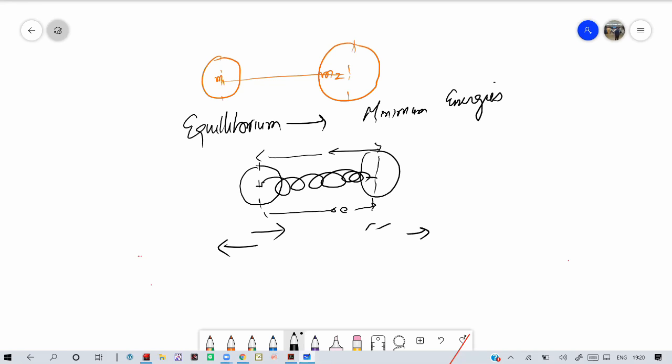On one hand, there is a repulsion between the positively charged nuclei of both atoms. That means there is a repulsion between these two nuclei here, and between their negative electron clouds, because there are electrons.